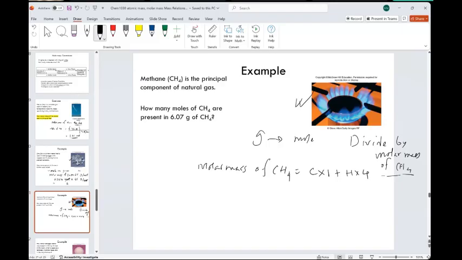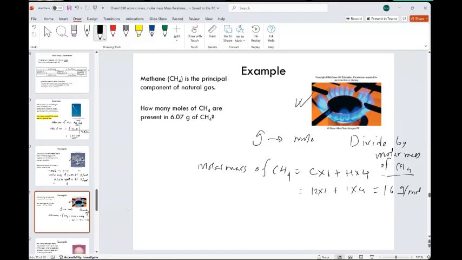So C value for atomic weight is 12 times 1 plus 1 times 4 equal to 16 gram over mole. So molar mass of methane we found from calculation is 16 gram per mole using the periodic table.